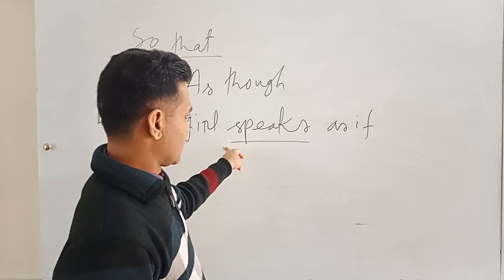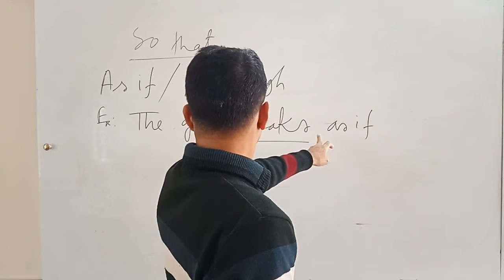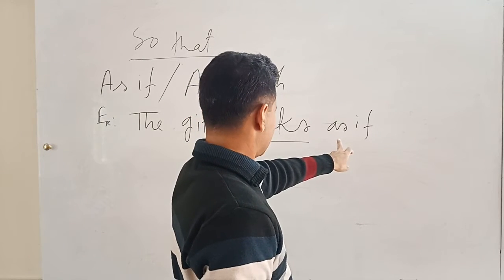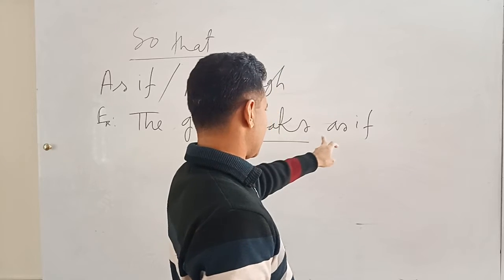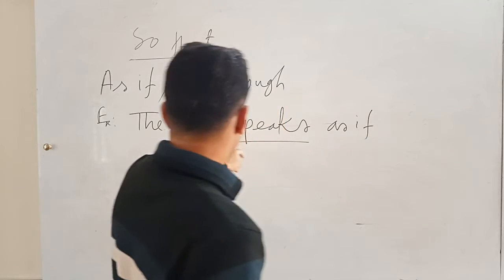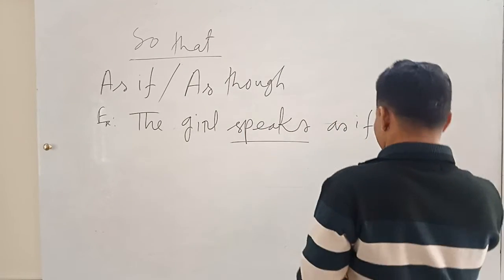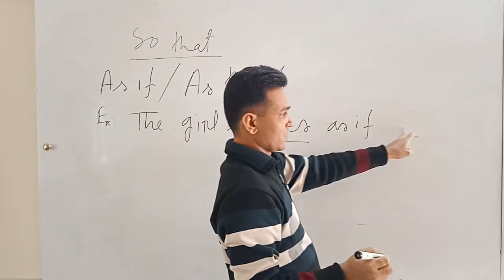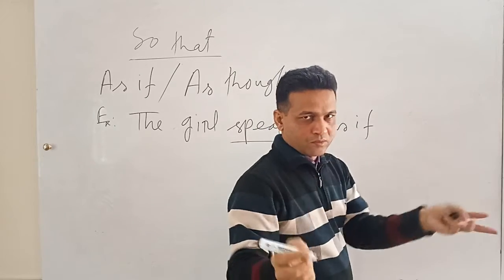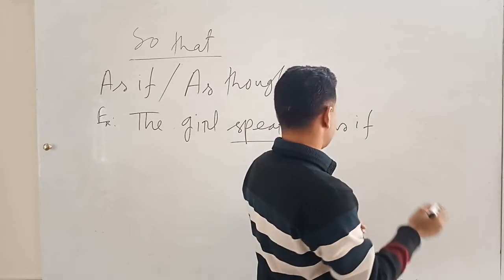If the clause containing as if is in present indefinite tense, you have to complete the sentence with another clause which will be written in past indefinite tense, of course.